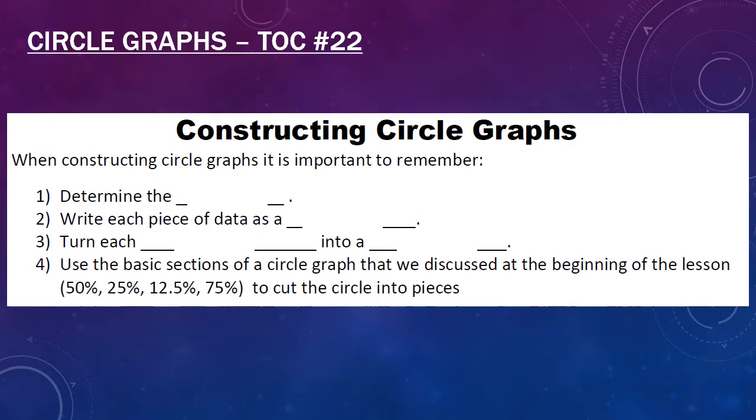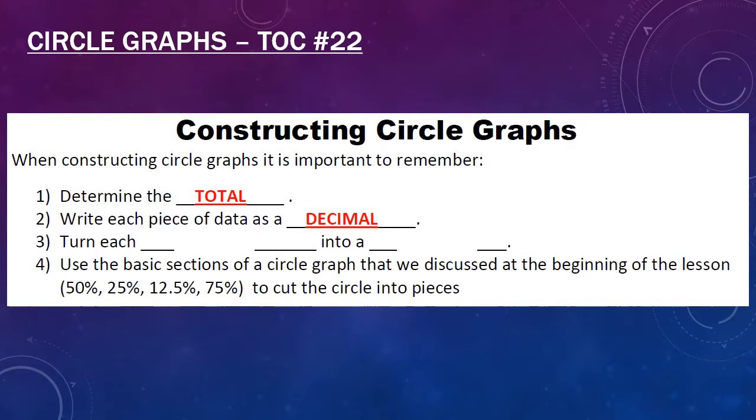So here's how you do it. Number 1, in order to compare something to the whole, you have to know what the whole is. So you have to determine the total. Okay, then number 2, once you have how much the whole is and have added up all of the survey pieces, then you have to write each of the categories, each piece of data, as a decimal.